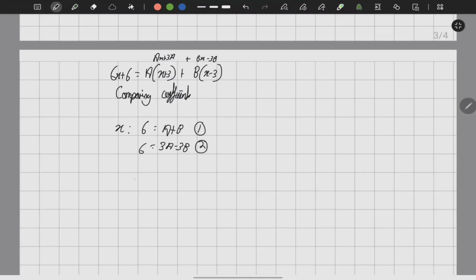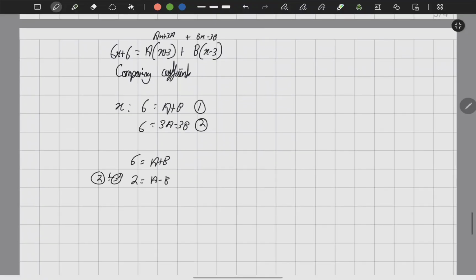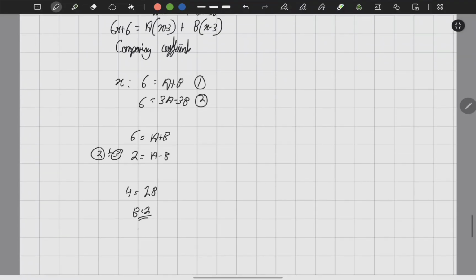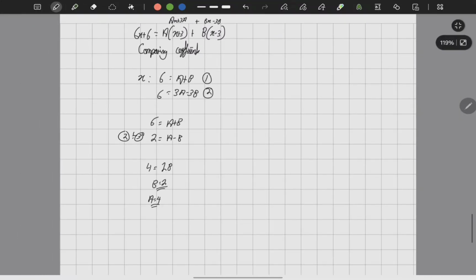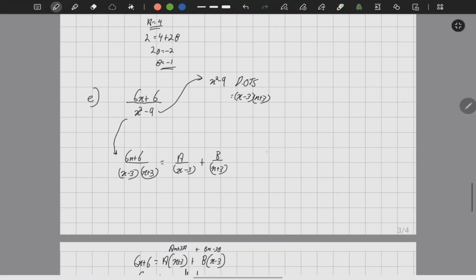So if I write down equation 1 again, equation 2 divided by 3, we would get 2 is equal to a minus b. Now we can simply take away these two equations. So we would get 4 is equal to 2b. That means b is equal to 2. If b is 2, then a obviously has to be 4 because they add up to 6.